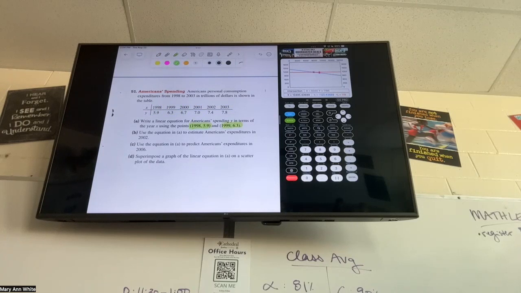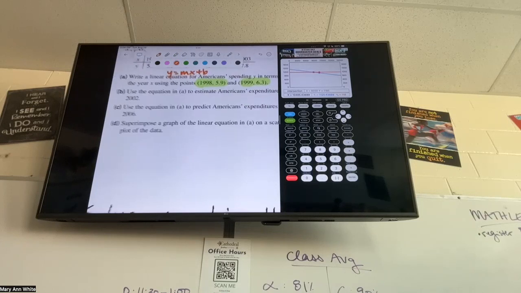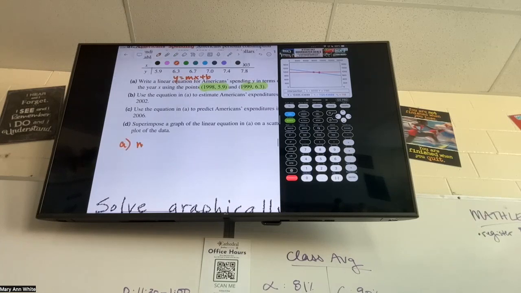Do you know what I do first to start? Slope, let's find slope. Let's find that slope and then we can plug it into Y equals mx plus b and solve from there. So m for slope is going to be 6.3 minus 5.9 all over 1999 minus 1998.